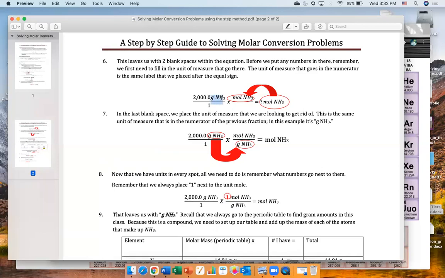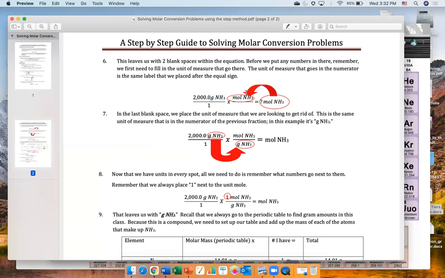This process is impossible to do if you don't have units of measurement on your numbers. If you just wrote 2,000 down here, you'd be lost. You wouldn't be able to finish this question. Every single number you ever write down in math and science is a measurement of some kind. It has to have a unit of measurement on it. You need to know what that particular number is measuring.